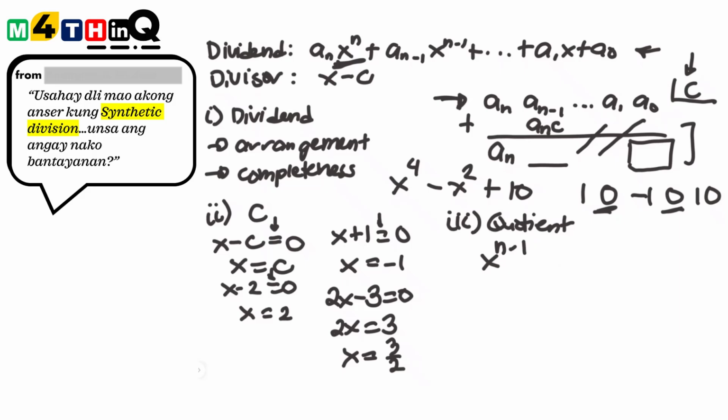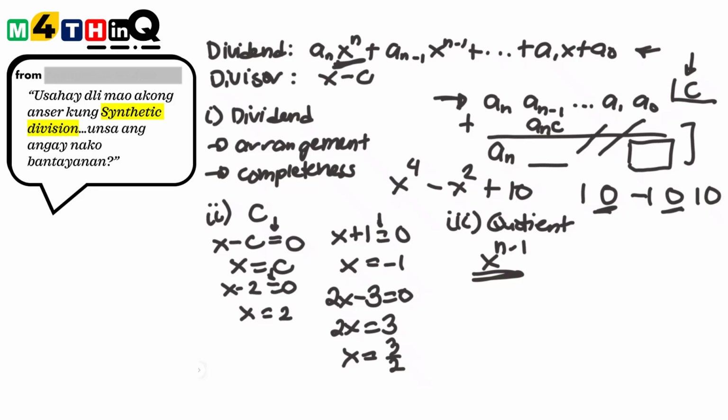The exponent of your quotient should not be equal to the exponent of your dividend, nor exceed it. It should be less by 1. That is important, because some students, even if they're using this as the dividend, will have a quotient that also contains x to the power 4, and that is an incorrect process. So that is what you need to consider when you're looking at the first term of your quotient.